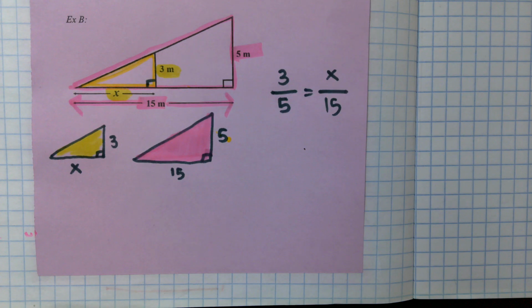5 times x is 5x equals 3 times 15. Oh, this is easy. So we got 3 times 15, 45.